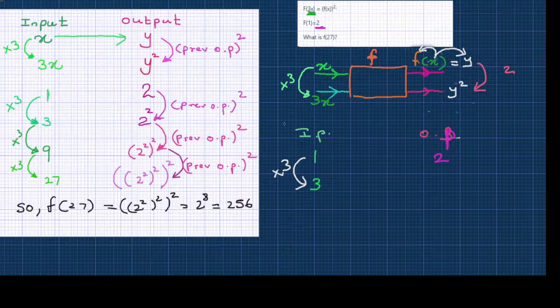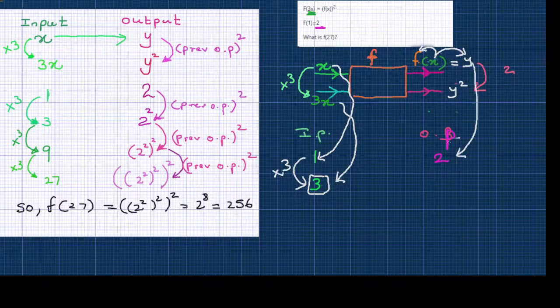So now who is playing the role of x? 1 is playing the role of x. And who is playing the role of 3x? 3 is playing the role of 3x. And who is playing the role of y? That is 2. Then what would be the output here? Y squared, or in other words, it's 2 squared.